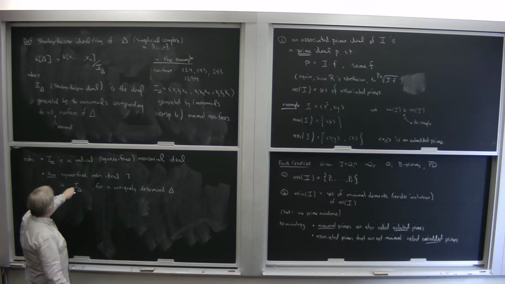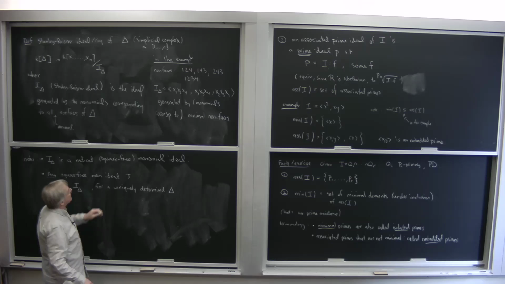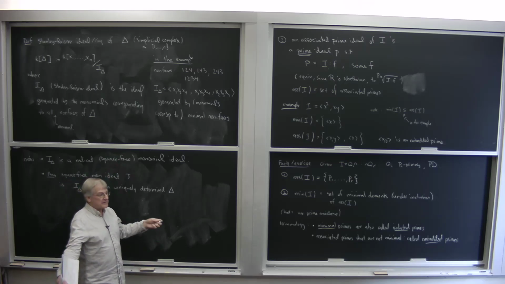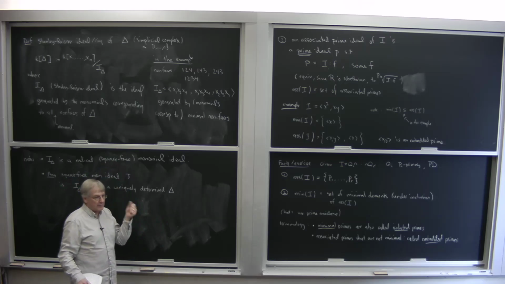Basically, if I have a square-free monomial ideal like that, that's telling me the minimal non-faces. That means if I remove any variable from it, I have a face.